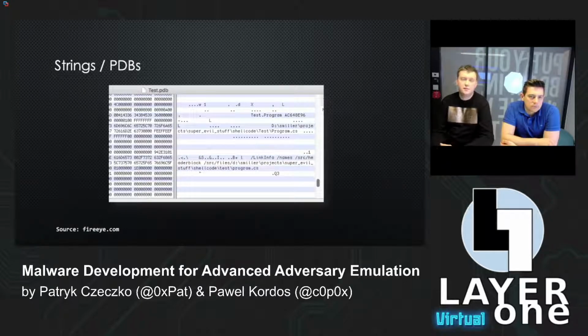All right. So the next thing will be the PDB file. Well, what is actually a PDB? This is a program database file, often called a symbol file, which stores some debugging information, and this file is generated during the compilation to store just the debugging information.